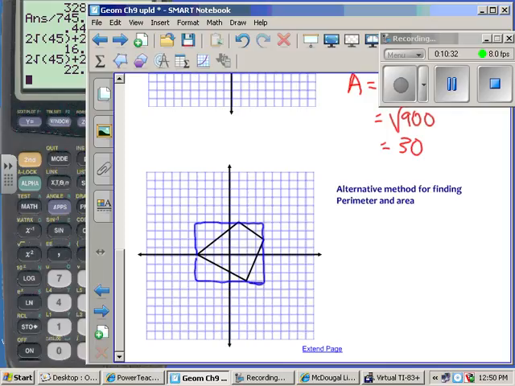I made it into a rectangle and turned it into a shaded area problem. Took away these pieces and just left that, right? So for area, I would find the area of the rectangle, subtract out all the triangles.